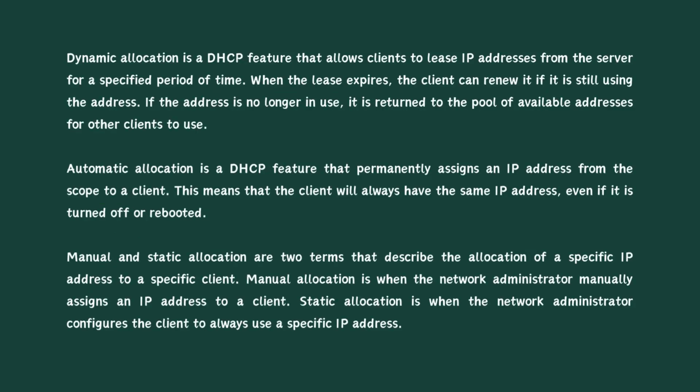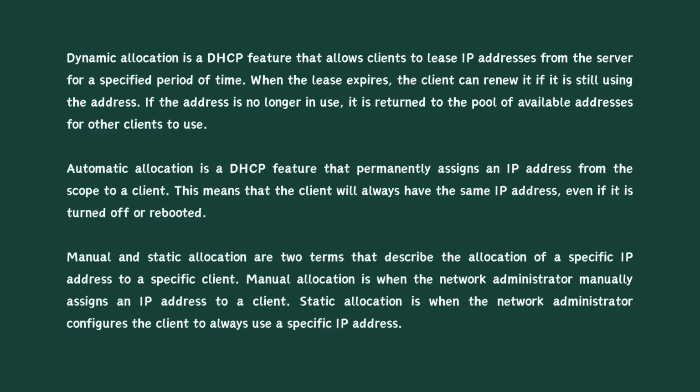Dynamic allocation is a DHCP feature that allows clients to lease IP addresses from the server for a specified period of time. When the lease expires, the client can renew it if it is still using the address. If the address is no longer in use, it is returned to the pool of available addresses for other clients to use. Automatic allocation is a DHCP feature that permanently assigns an IP address from the scope to a client.